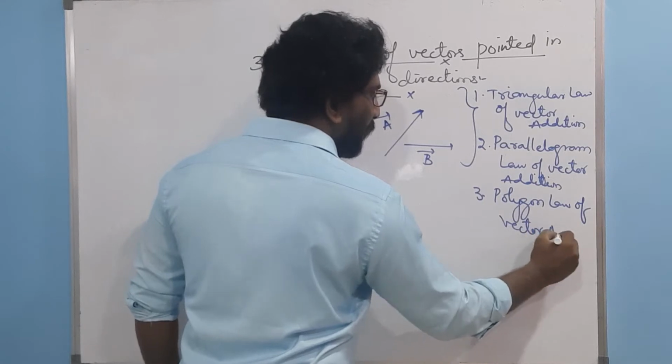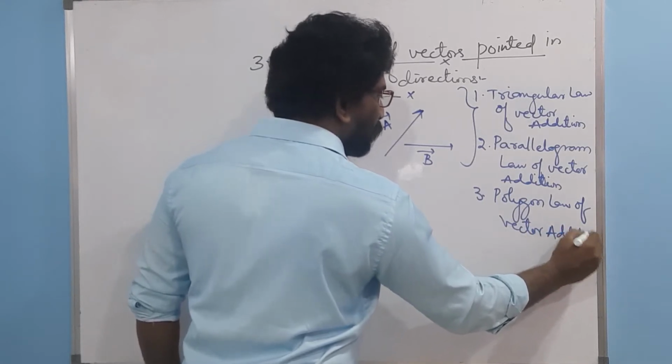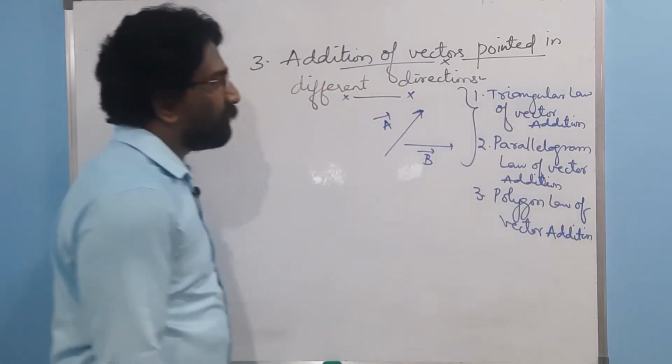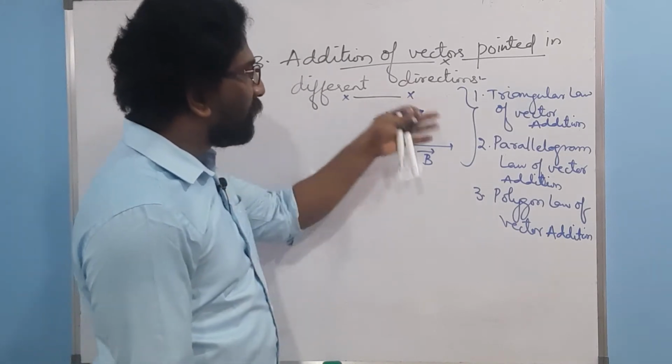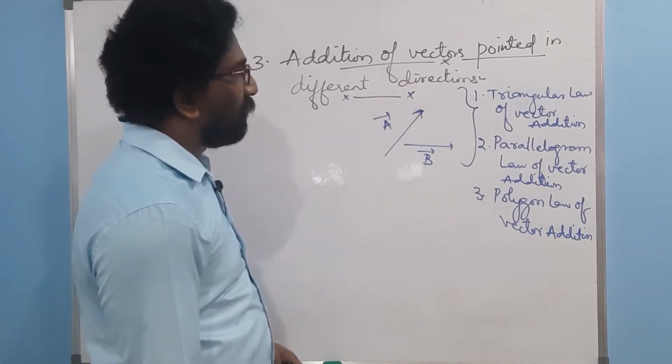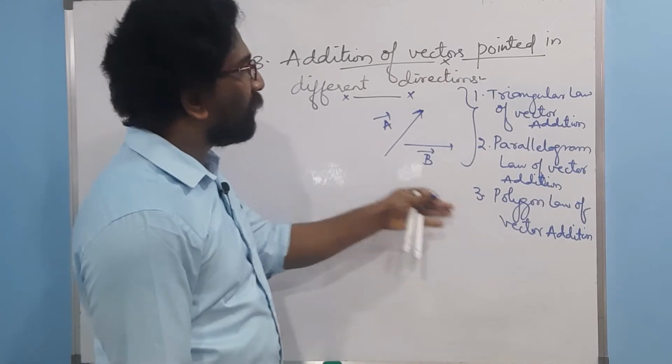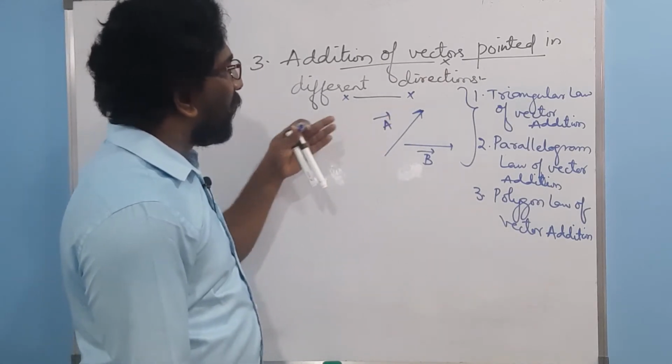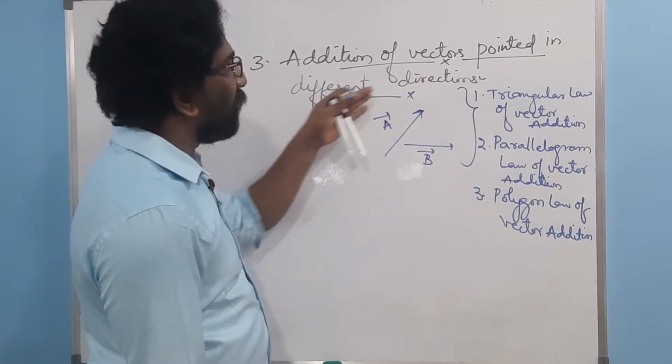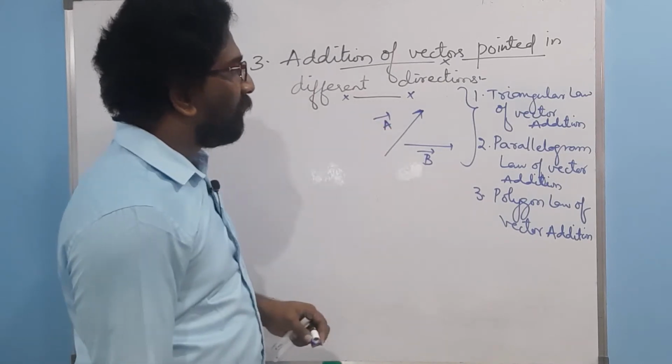So these are the three different types of concepts in addition of vectors whenever the vectors are pointed in different directions. These three laws are used in order to overcome this problem and to add two vectors whenever they are projected in two different directions.